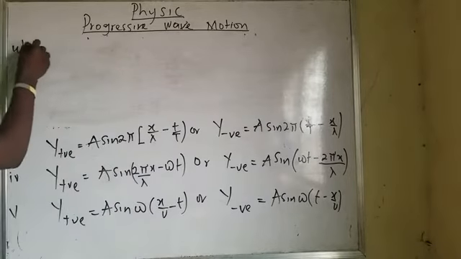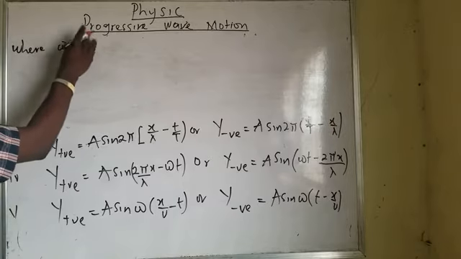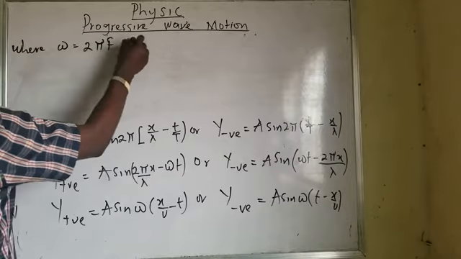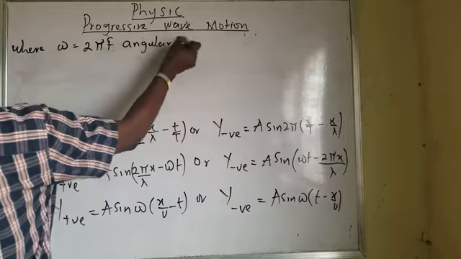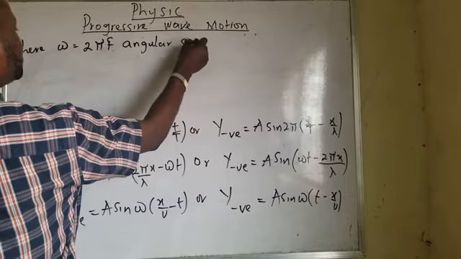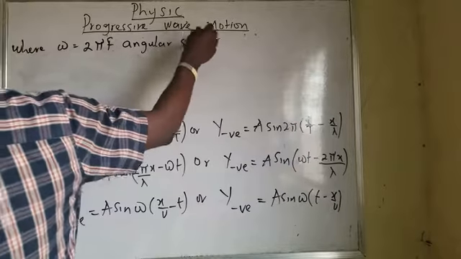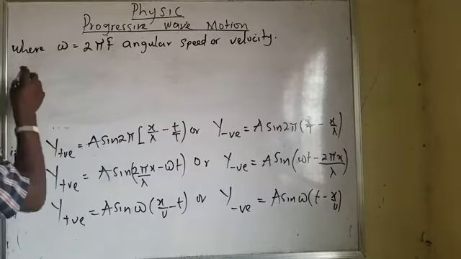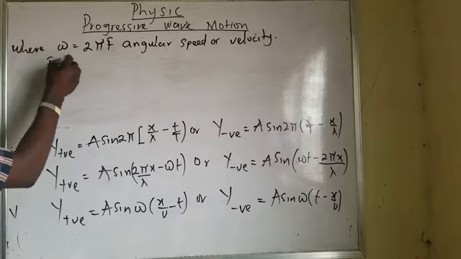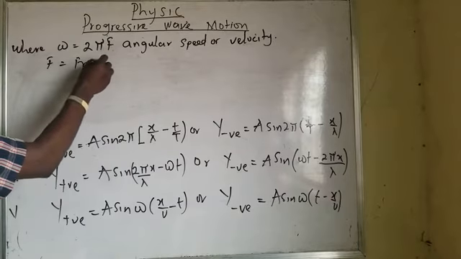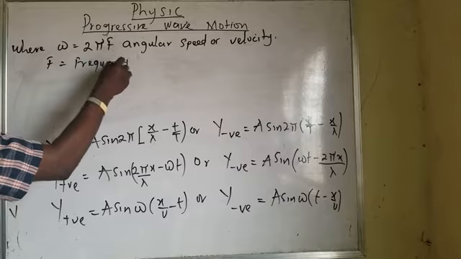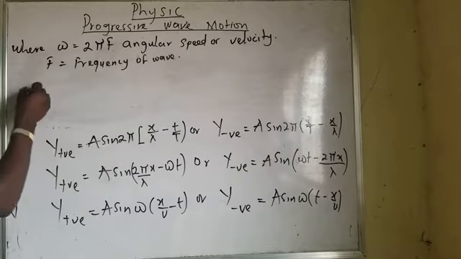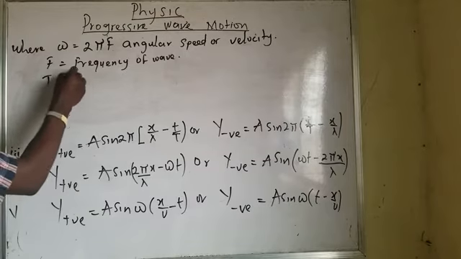Where this is known as 2 pi frequency, which is called angular speed or velocity. Now, my F is called frequency of the wave, and my T is called period.